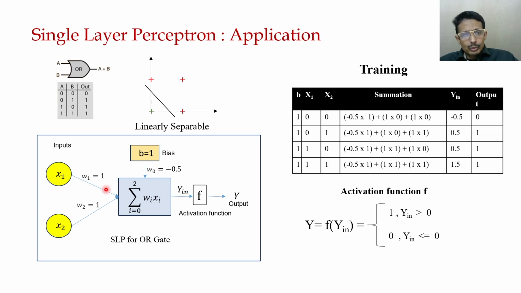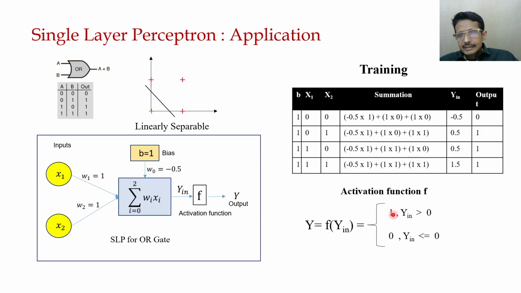So here we put W0 equal to 0.5, and in this case yn, when both inputs are 0, is 0 minus 0.5, so it's less than or equal to 0, and we get the output 0.